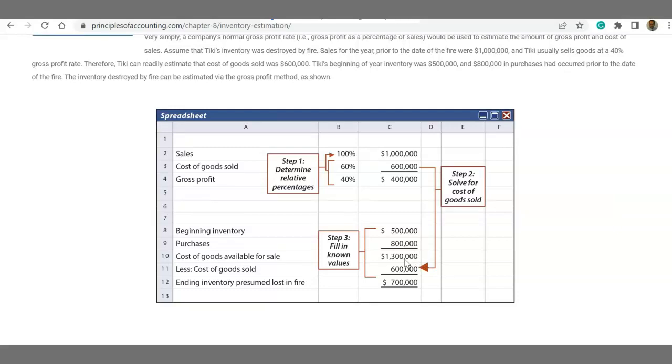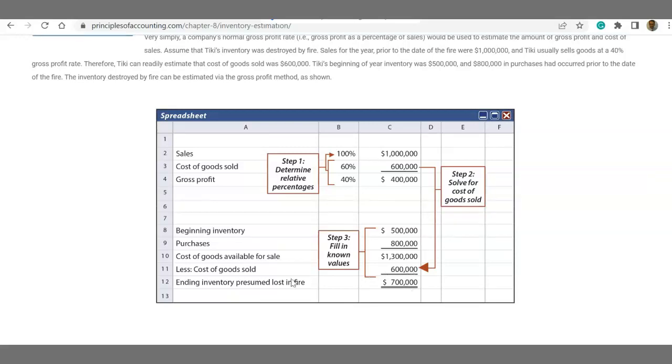you want to know what the cost of goods sold is, and in this situation the cost of goods sold is about 60% of your sales, and that means your ending inventory will be about $700.